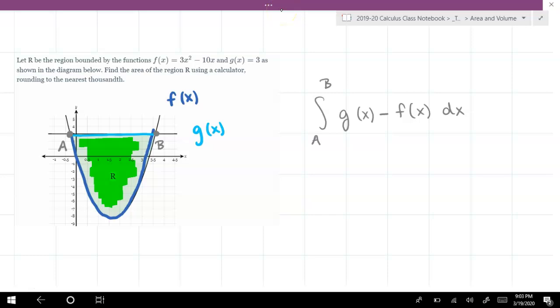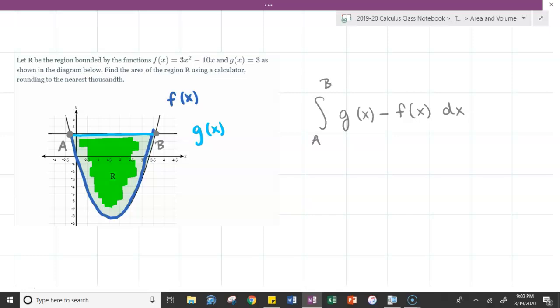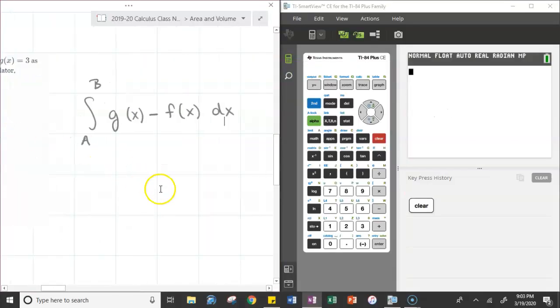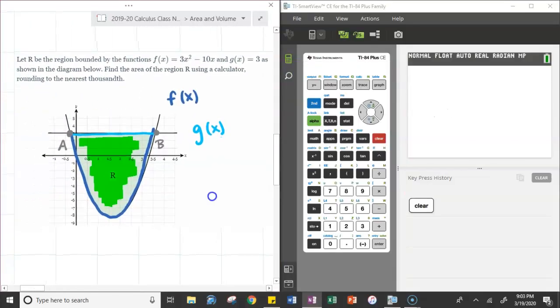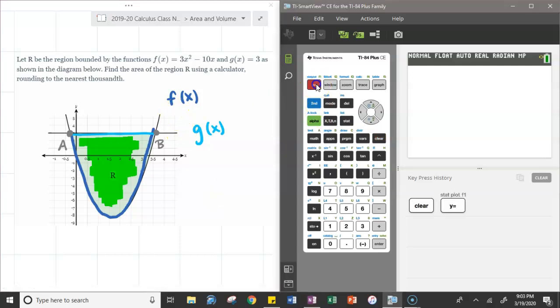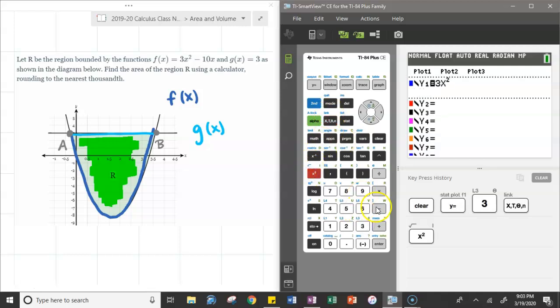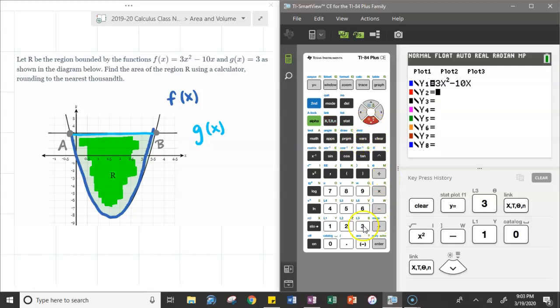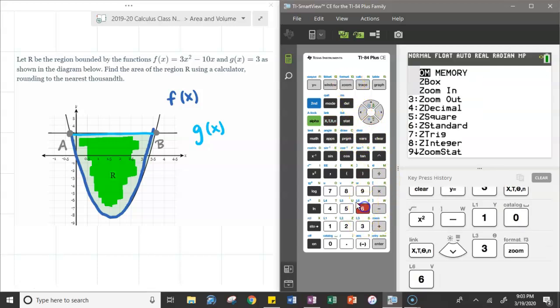So, pulling up my calculator, I'm going to sub f of x into y1, 3x squared minus 10x, and g of x into y2, graph.